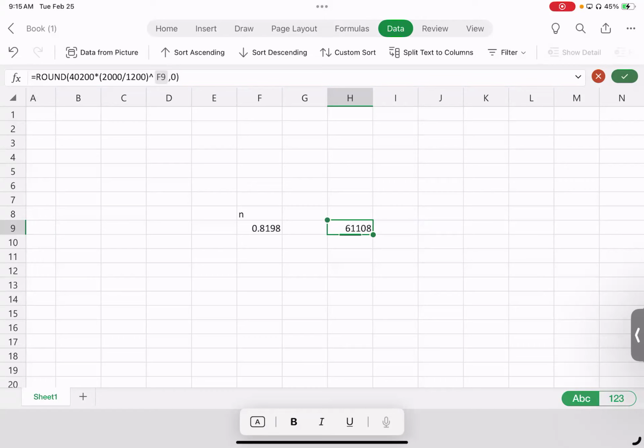This is how we use Excel to do the calculations for this one. It contains two parts. One is using Excel to directly use the equation to get the result for the cost. The other is using Excel to find the number n. So let me copy this one.